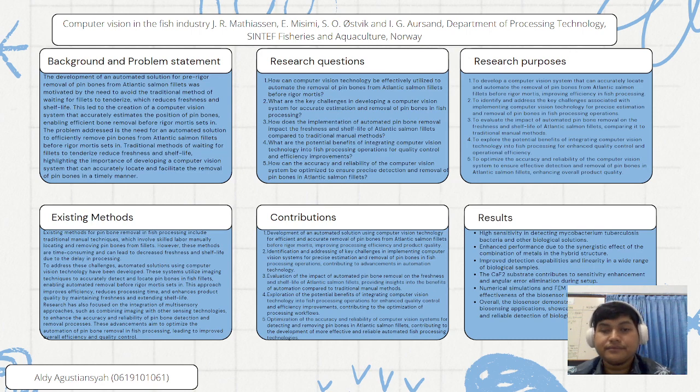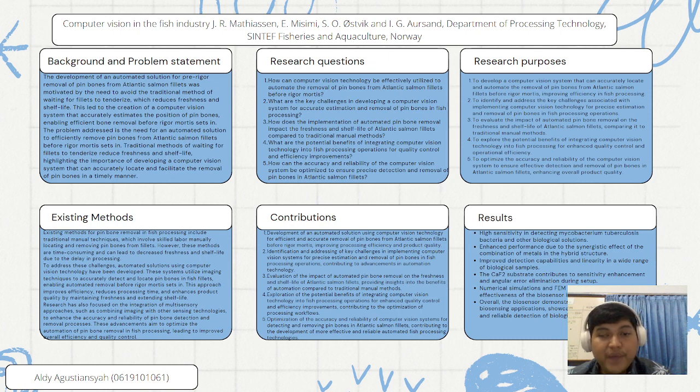The contributions this paper has brought us are: 1. Development of an automated solution using computer vision technology. 2. Identification and addressing of key challenges in implementing a computer vision system for precise estimation and removal of pin bones in fish processing operations. 3.